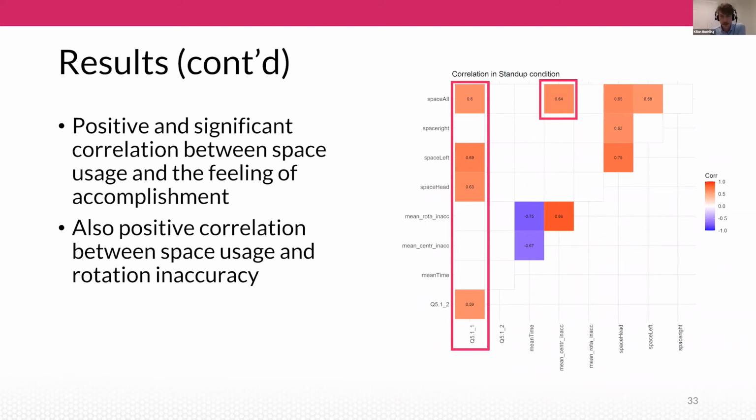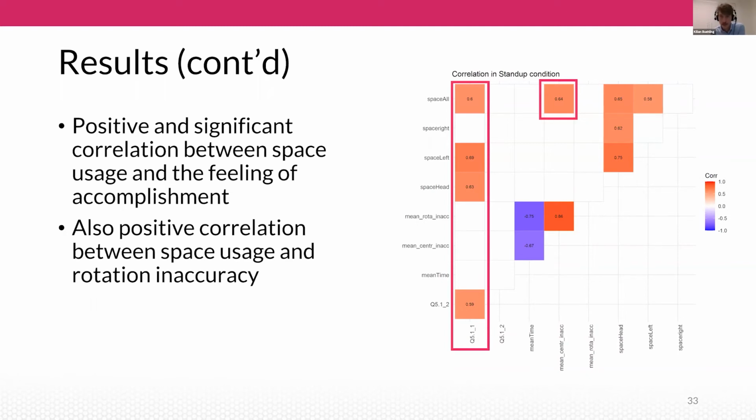This is a correlation matrix. The blank spaces are insignificant correlations, so they are not shown, and the correlations that are shown are all significant to the 5% level. We see that space usage in the left column is positively correlated to the feeling of accomplishment in the stand-up condition.